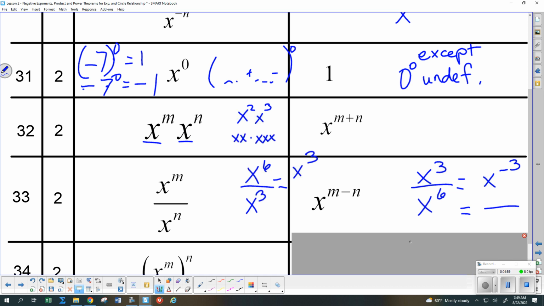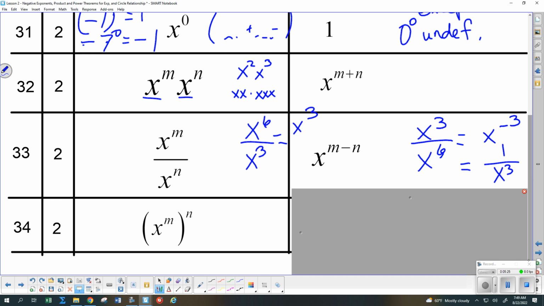What would that one become in that particular case, John? One over x cubed. This one's bottom heavy. If I wrote them all out, I could cancel 3 of them, and I'd have 3 extras in the denominator and the placeholder of 1 in the numerator.